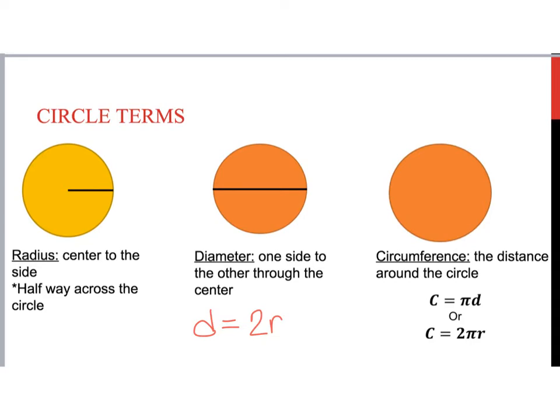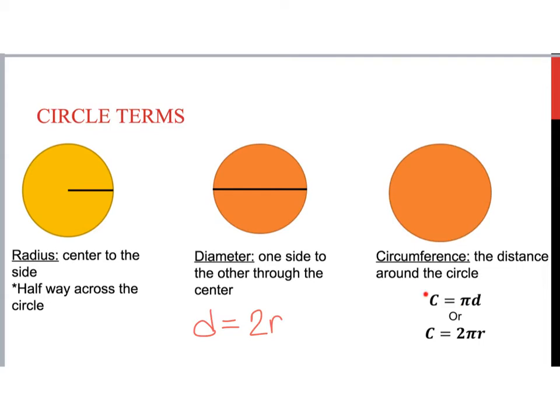Another term you're going to hear is called the circumference. The circumference literally just means the distance around the outside edge of that circle. So it's kind of like the perimeter. With the circumference, we have to use a symbol called pi.